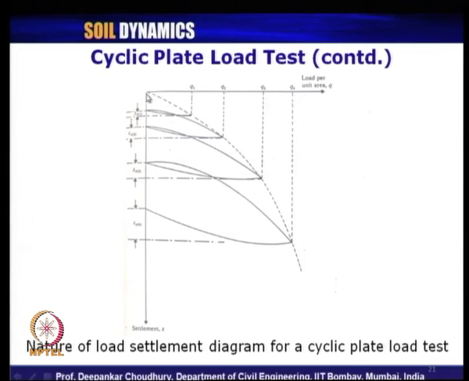This amount of settlement is nothing but the plastic settlement, which the soil material could not regain, whereas the amount of settlement which the soil material could regain is this difference. So, from here you draw a parallel line intersecting the settlement axis, and this value you know. The difference between them is nothing but the elastic settlement component for the applied load of Q 1.